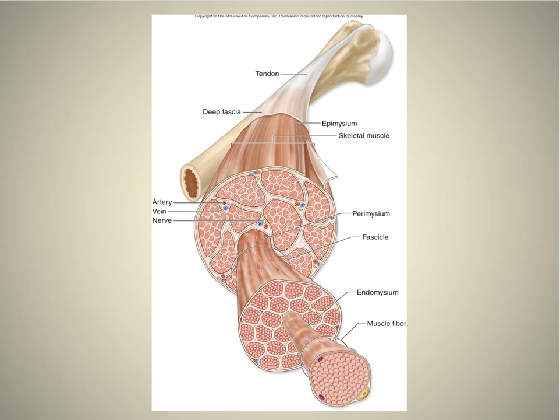And around the muscle fiber, as I said, is the endomysium. Around the fascicle is the perimysium, and around the entire muscle is the epimysium. This is a connective tissue layer, probably dense, irregular. And then fascia on the outside becomes a tendon and attaches muscle to bone. We're going to learn a little bit about tendons also, and tendons attach muscle to bone.